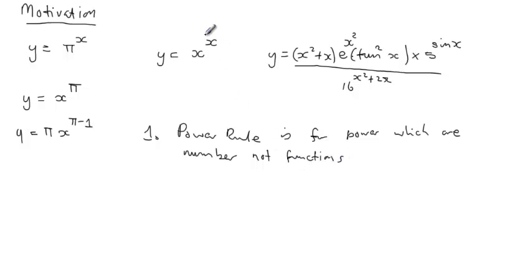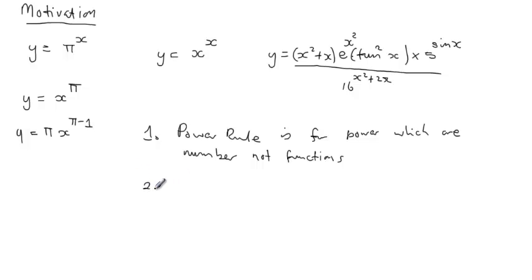In other words, even if it has got the structure of a power function, power rule is not defined for powers which are functions. It's only defined for powers which are numbers. If this x was a 2 or a 3 or a 4, explicitly looking like a number, like a pi, then I would apply power rule altogether. So power rule is defined for that.